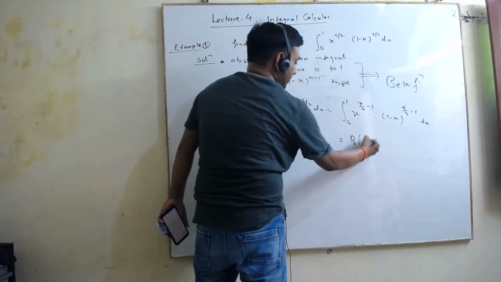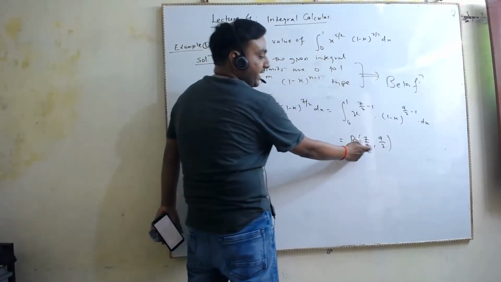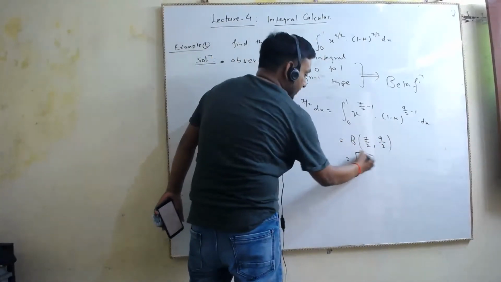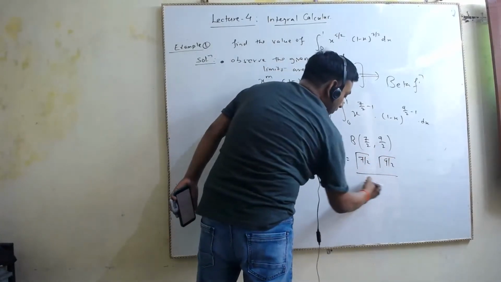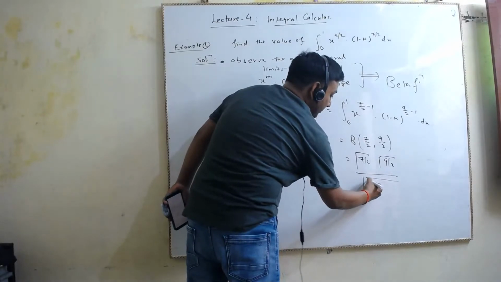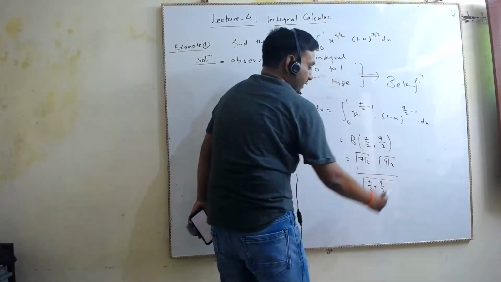So this comes out as beta 7 by 2 comma 9 by 2, beta m comma n. That is nothing but gamma 7 by 2 gamma 9 by 2 divided by gamma of m plus n, 7 by 2 plus 9 by 2.